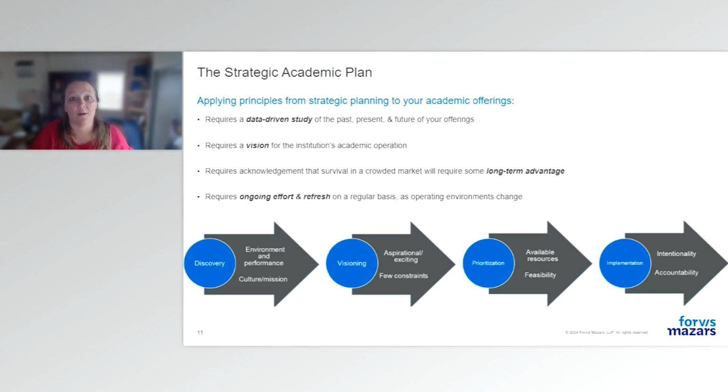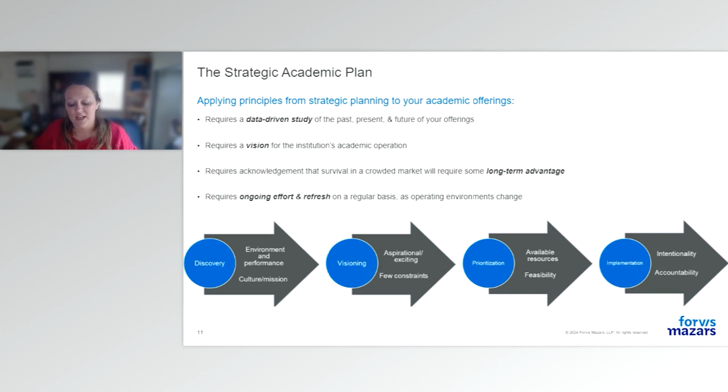So is this a program that is going to take 3 years to launch? If so, because it's expensive or because we would have to hire a bunch of new people and new equipment, is a program that's going to take 3 years to launch still going to be feasible and sustainable 3 years from now? Those are the sorts of conversations that need to happen when we prioritize.